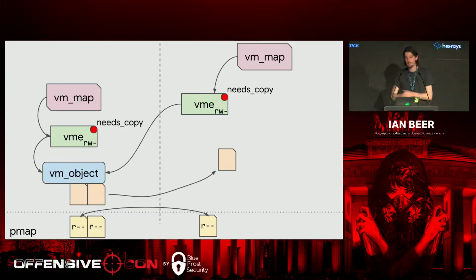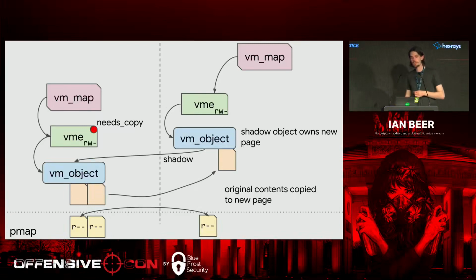So what instead happens is the VM map layer traverses down, finds the page, and makes a physical copy into a new VM page, which then gets wrapped in a new VM object. And the important part here is that it's only this page that was modified that needs to get copied from this VM object over here into here. All the other pages that we can freely read on this side do not need to be copied.